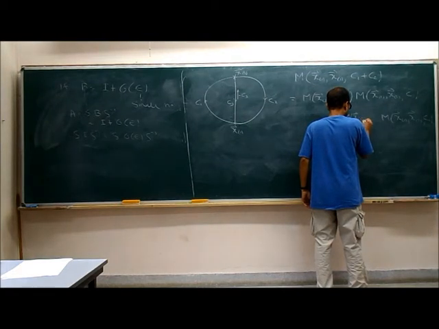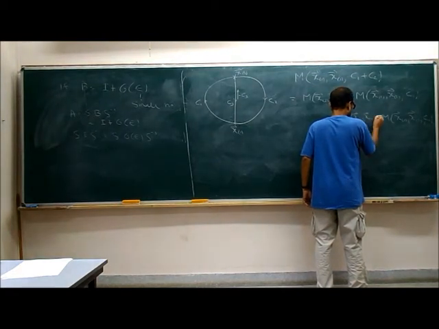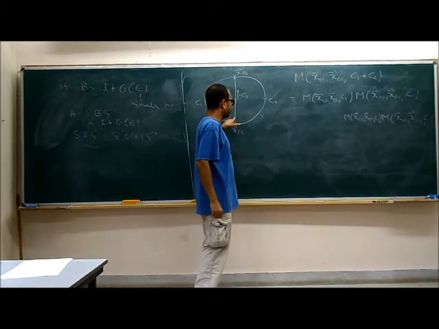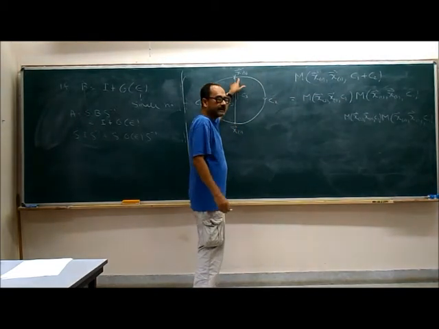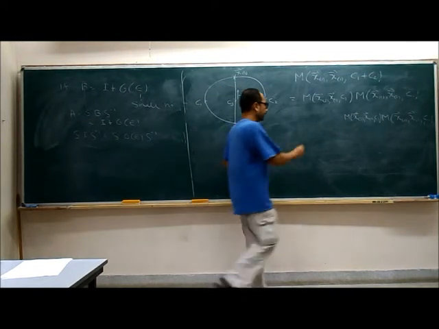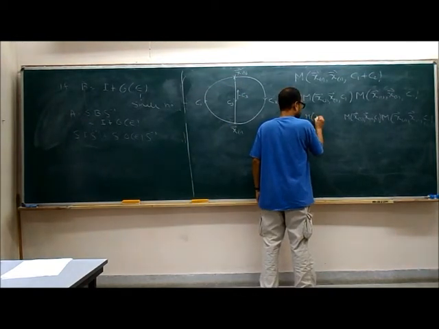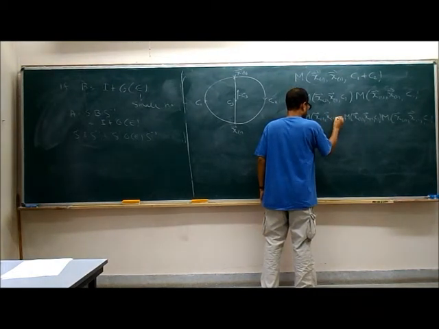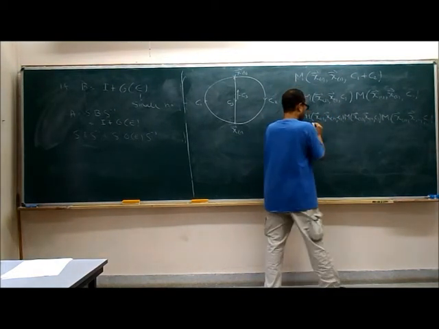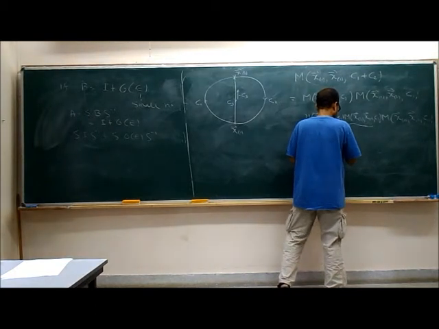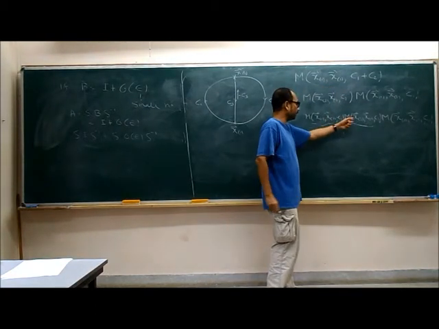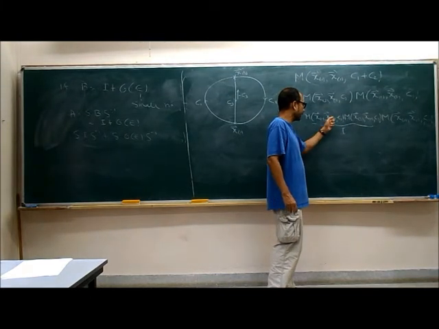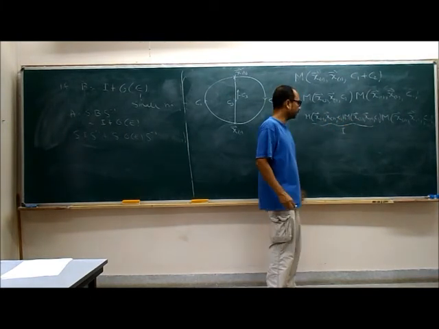But you have to cancel it by its inverse. So we put M x1 x2 minus C3. This product is just identity, because this is the inverse of this. M x2 x1 x2 minus C3 is M x2 x1 C3 inverse. That's what we are using.